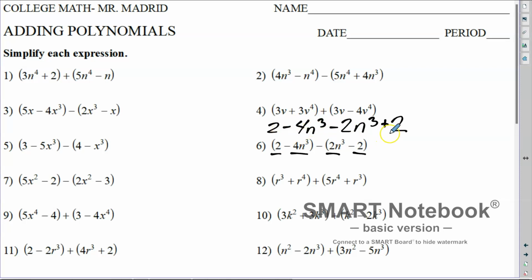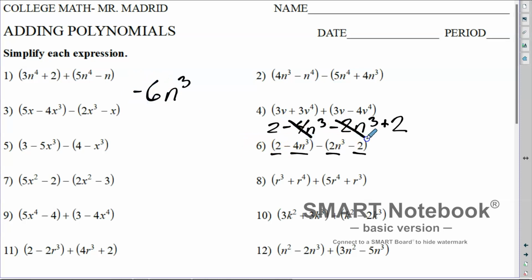N is the only variable, and I don't have any other degree besides 3. So I combine the coefficients up front. Coefficients are the numbers in front of the variables. I have minus 4, minus 2, so that's minus 6n cubed.